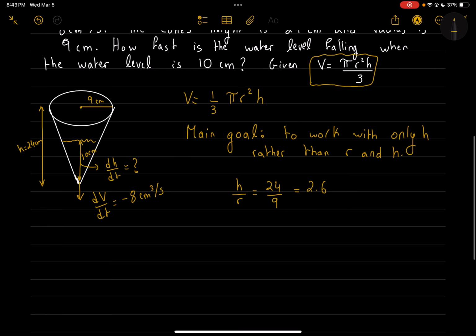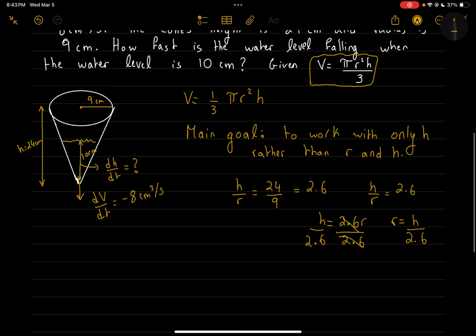So the relationship, if you cross multiply h over r equals 2.6, you're going to get that h is equal to 2.6 r. But we want r in terms of h, so we're going to divide by 2.6 on both sides. So r is going to be h over 2.6.